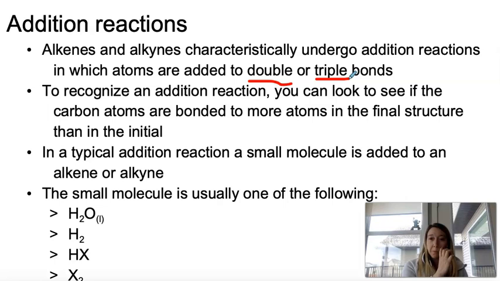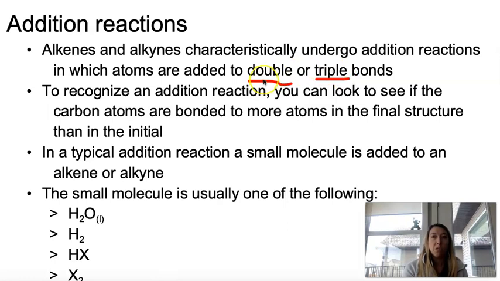So for the most part, when we're trying to identify an addition reaction, we're looking for a double or a triple bond between our carbon atoms. If we don't have that, then it can't be addition. If we do have that, then chances are it's going to be addition. What happens in an addition reaction is we add a small molecule.